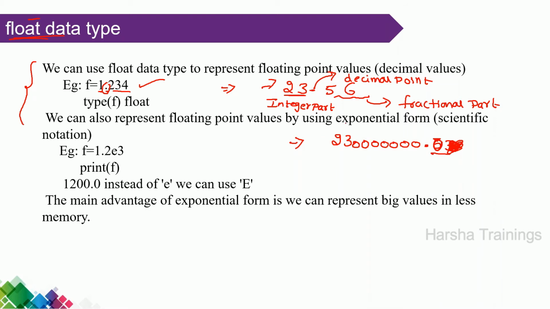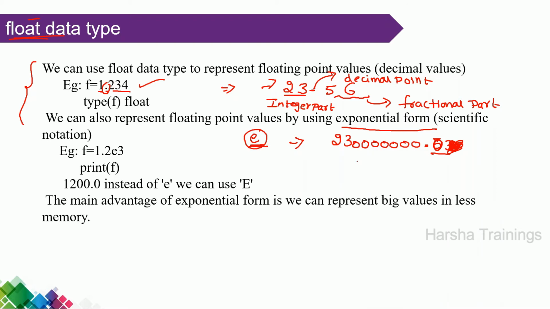For real numbers, we have one more notation, that is exponential notation, also called scientific notation. In exponential notation, a large number is represented using small notation, by using the symbol E.